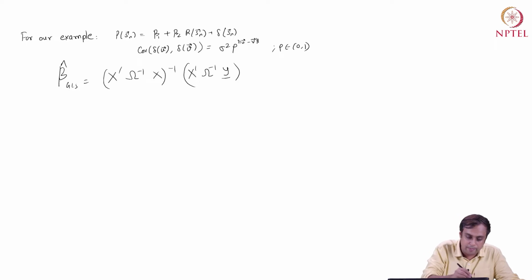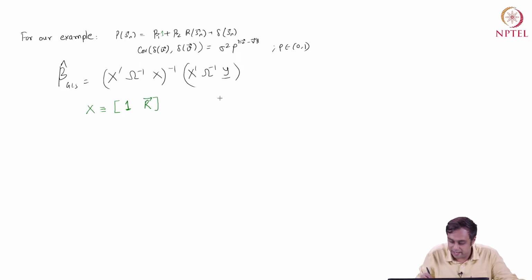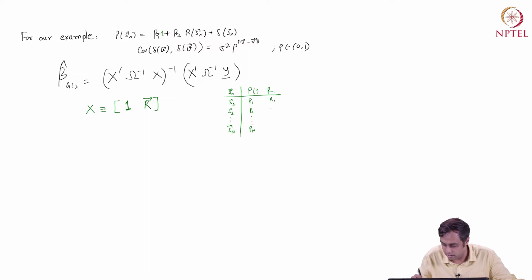y, what I am saying is that X is nothing but a vector of 1s, that is this coefficient 1, and the r's. Now I have data on n locations. So I have locations S1, S2 till Sn, and for each location I have a value p, that is p1, p2 all the way till pn, and r, that is r1, r2 all the way till rn.